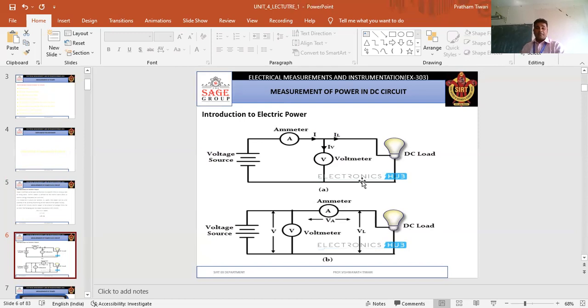With this type of arrangement we can measure the power in the DC circuit. We already know the formula of power, P equal to V into I. In the measurement, the ammeter shows the current and the voltmeter measures the voltage. These quantities are put in the formula V into I, and then we can obtain the power in the DC circuit.